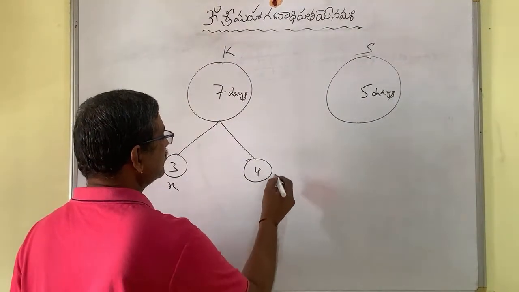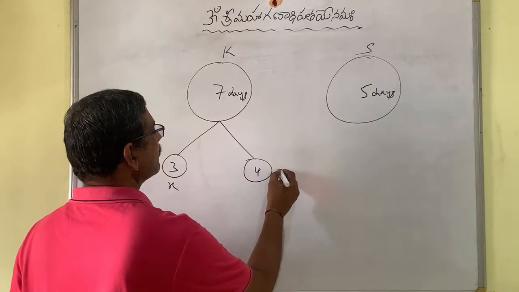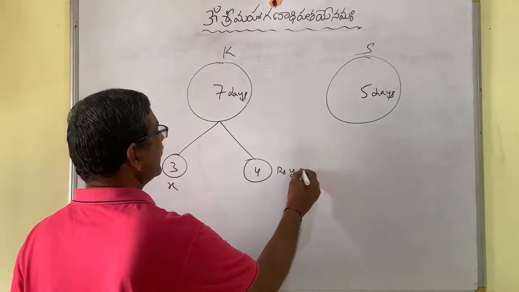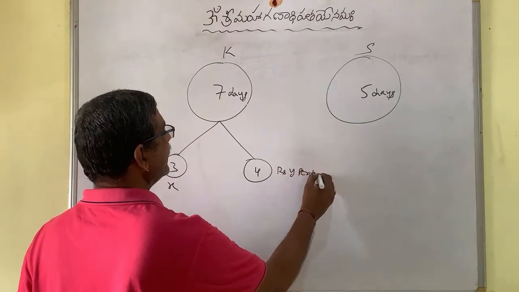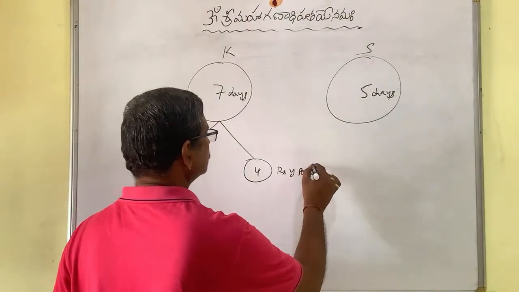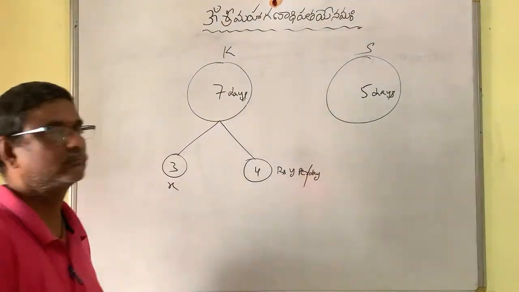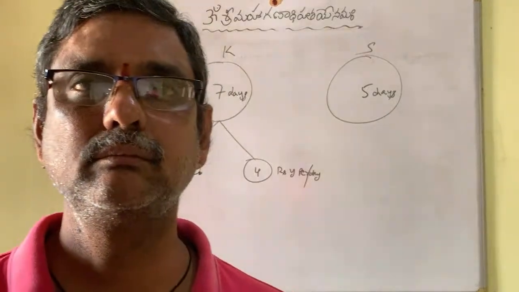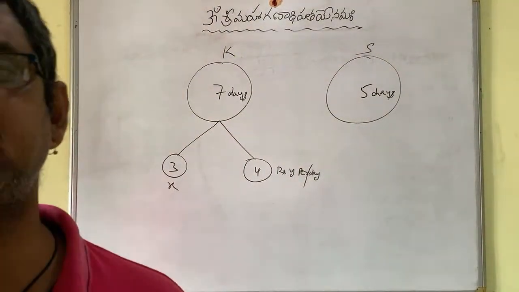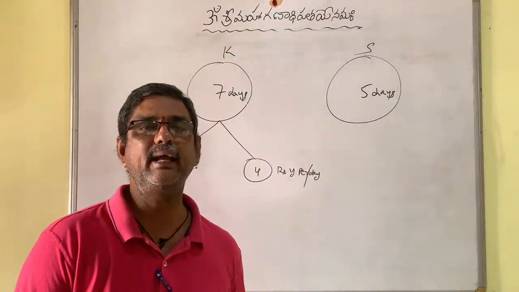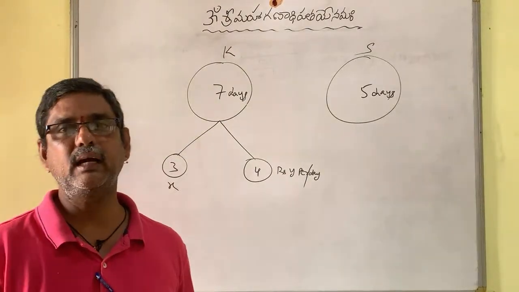These 4 days, Y rupees per day. That was the system in the library. First 3 days they will collect X rupees, and for the remaining days they will collect Y rupees per day.